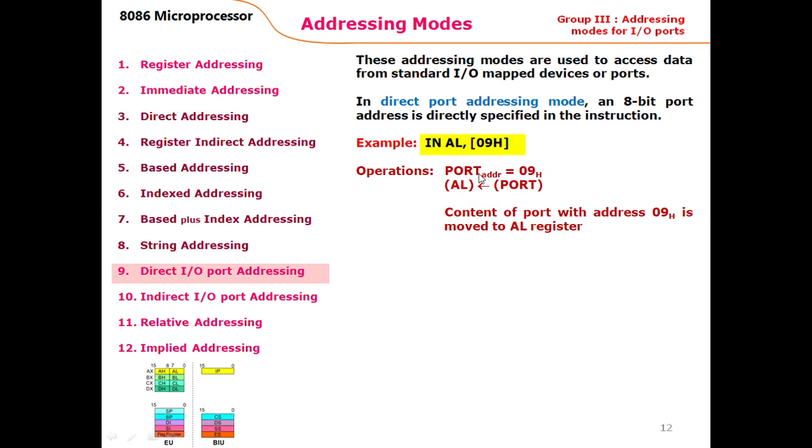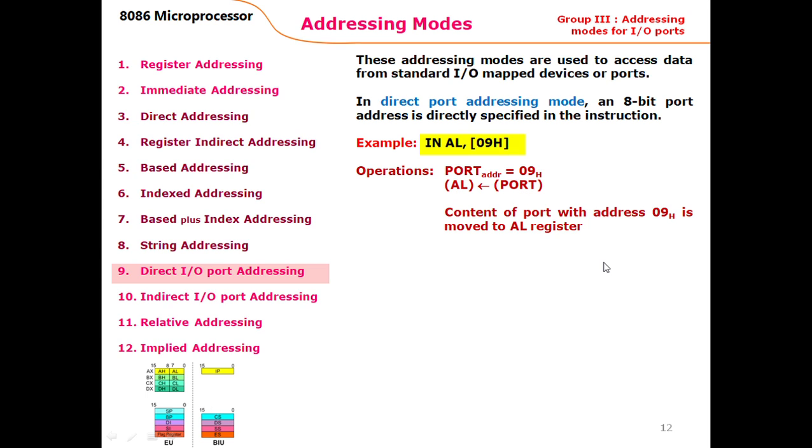So let's suppose the operations involved are here. The port address, which is the address of the port from where the data is to be read, is here 09H. So 09H is the 8-bit port address from where the data is to be read into the AL register. This operation will read 8-bit data from this port address into the AL register.